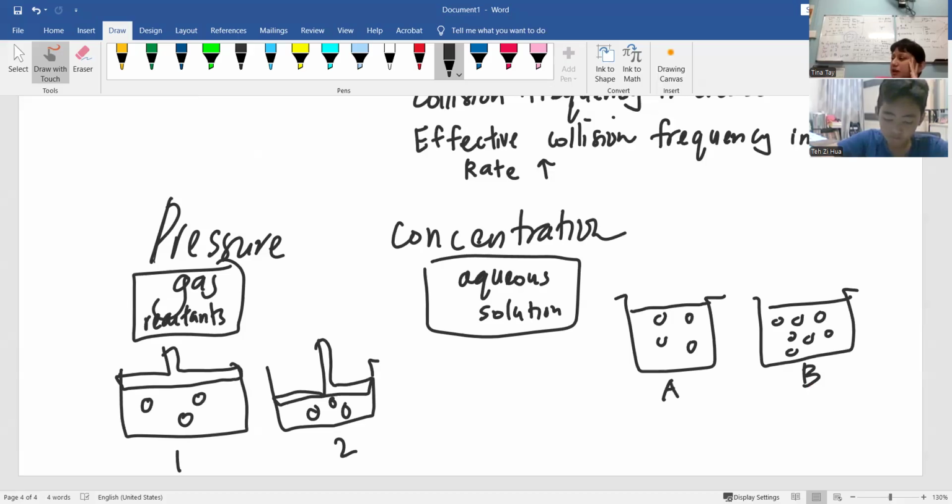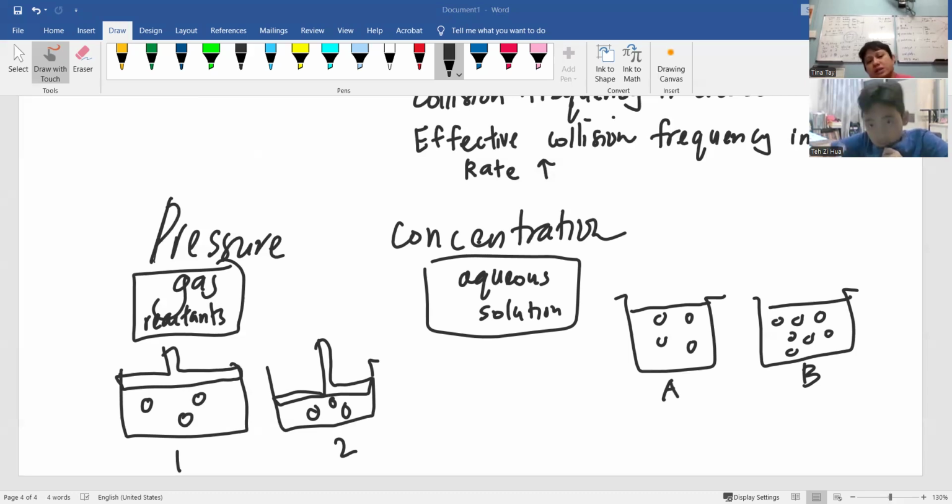You draw this, and I'm going to illustrate something. Now 1 and 2 illustrate gas pressure.